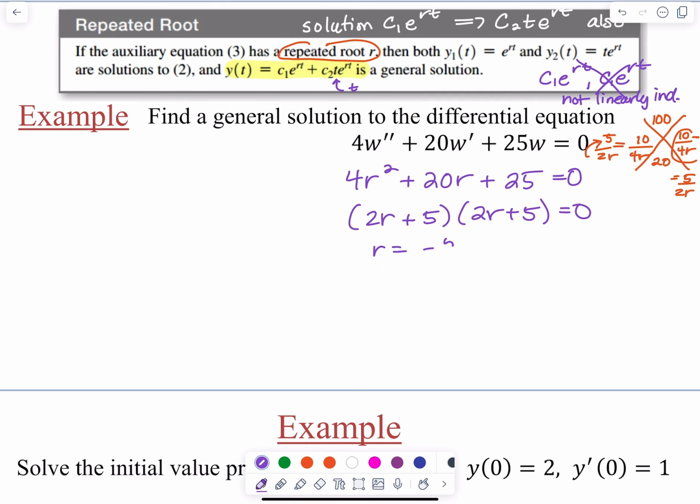r is equal to negative 5/2. And what we have here is a double or repeated root.